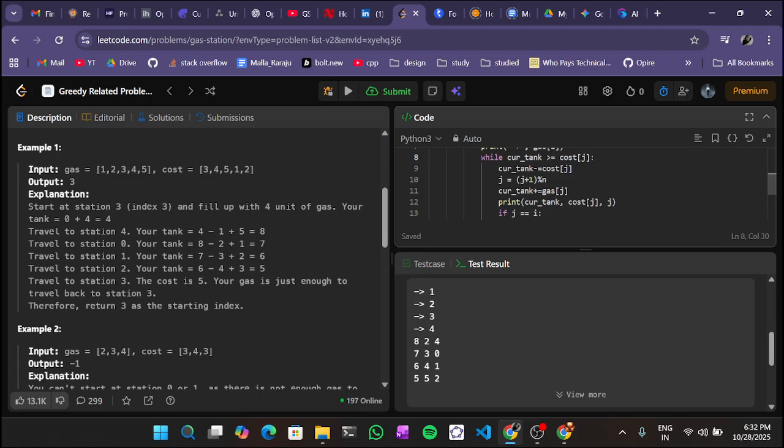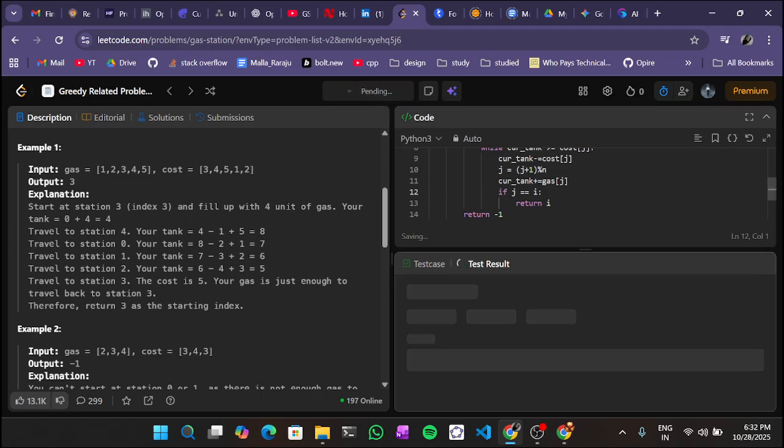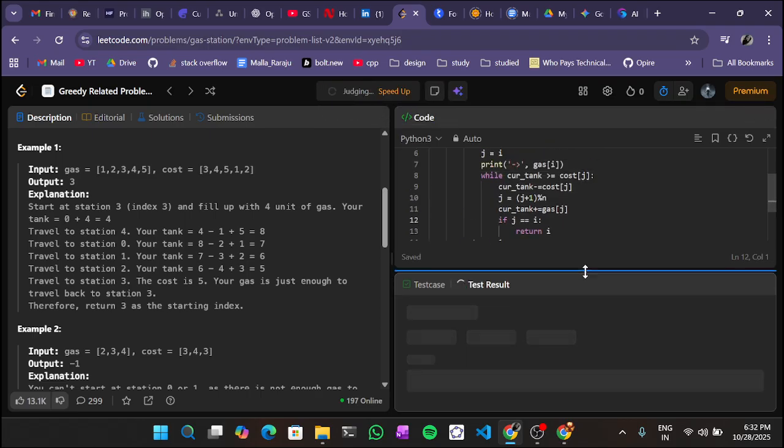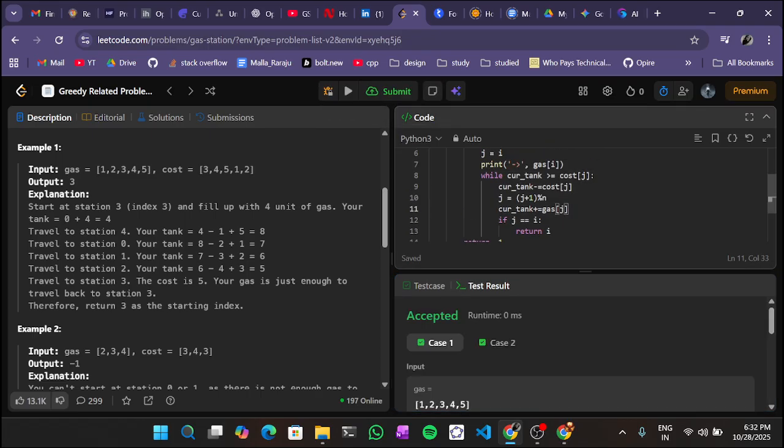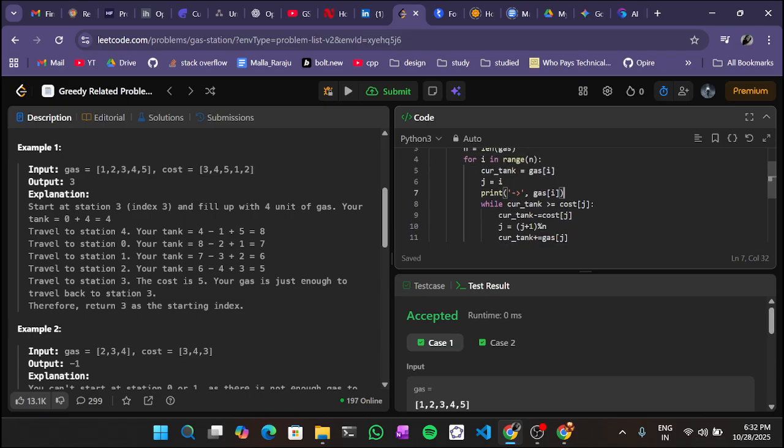The cost is 5. Your gas is just enough to travel up to the station 3. Well, it is working fine.